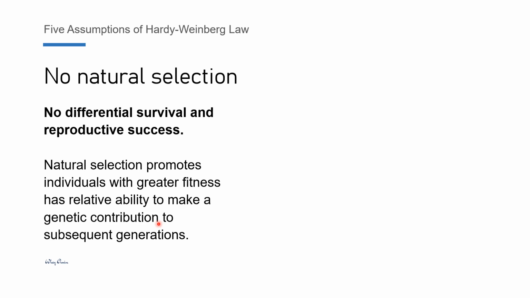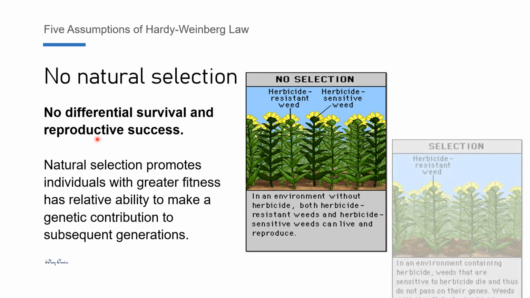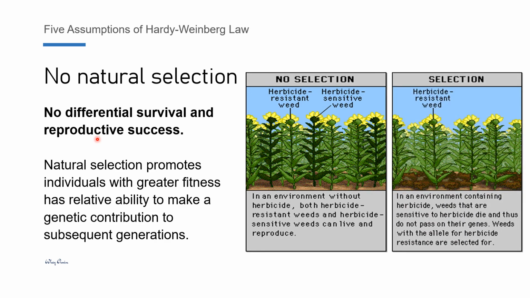So, to achieve genetic equilibrium, the population does not undergo natural selection, which means all the individuals in the population do not show differential survival and reproductive success. All individuals have an equal chance to survive, reproduce, and pass the genes or alleles to the next generation. So the allele frequencies remain constant and the population does not evolve.